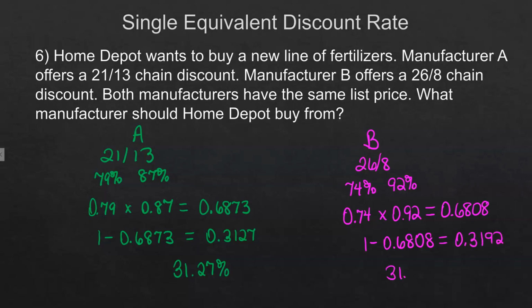So 31.92, and that's a percent. And so that means that manufacturer B has the higher discount, right? This one's the higher discount. And that's what we were looking for.